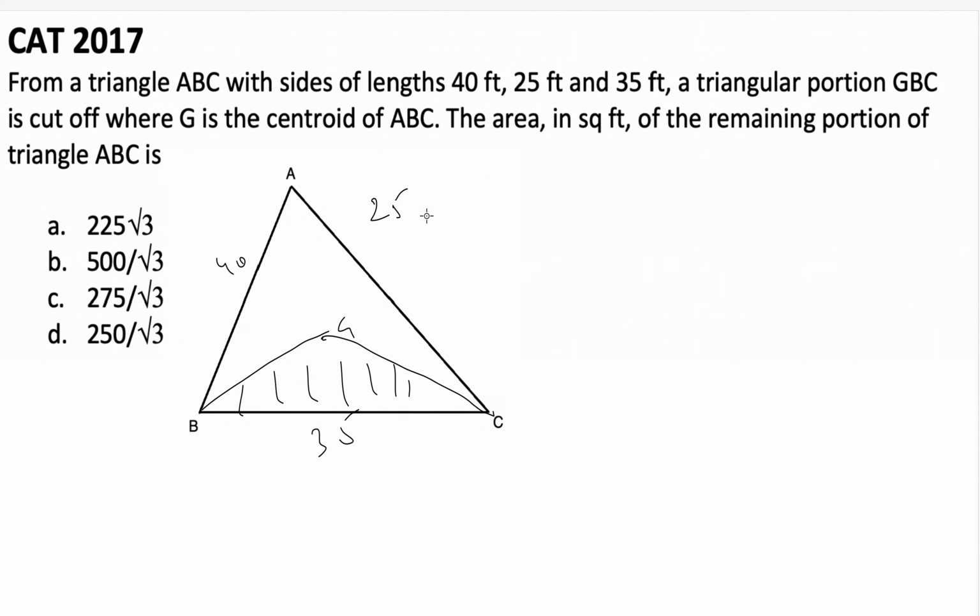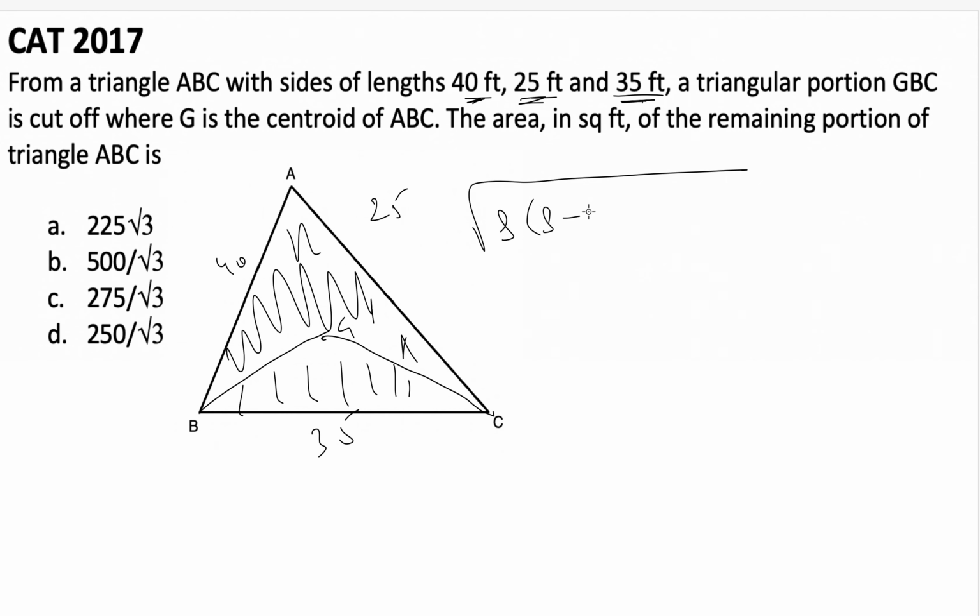This is a cakewalk question. They're asking for the remaining portion of, basically they're asking for the area of this. What is the area of triangle ABC? We can easily calculate. Heron's formula. What is the perimeter of this? 25 plus 35 is 60, 60 plus 40, 100. Semi-perimeter becomes. Let me write Heron's formula first. If you don't know the Heron's formula, please go and watch the first video, the triangles part 1 video.